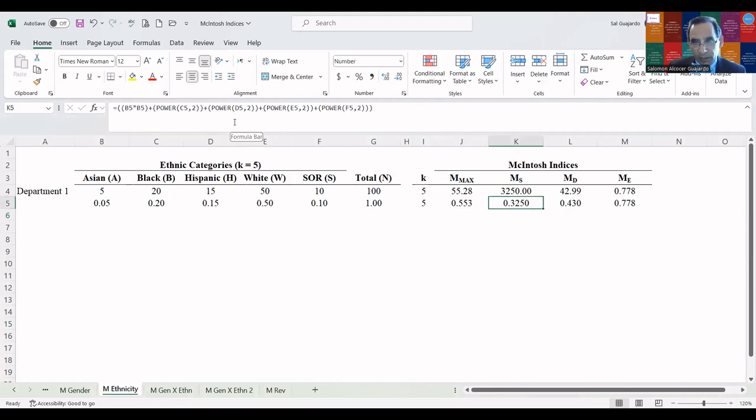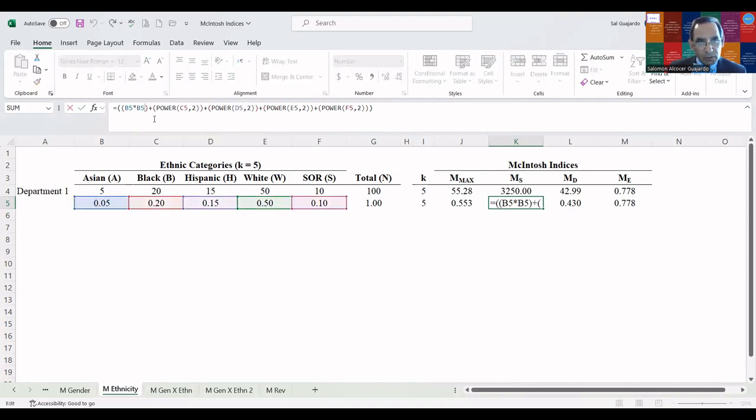Again, to calculate the similarity index for the McIntosh index, it's going to be each percentage squared. And again, here's the formula. So for 0.05, the formula is going to be parentheses, B5 times B5, and parentheses plus, here I switch to the power.